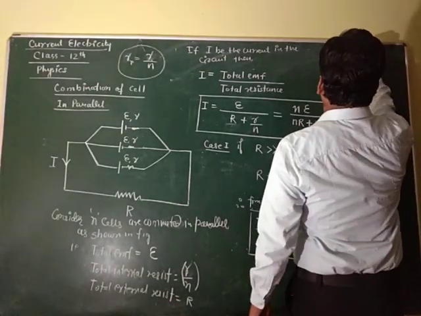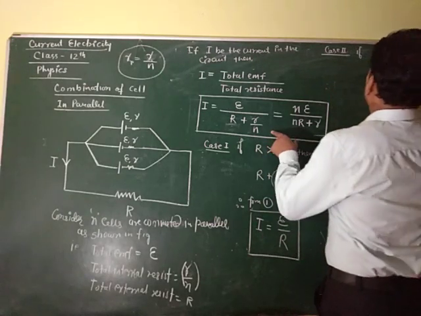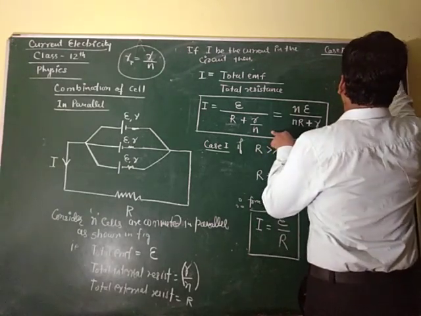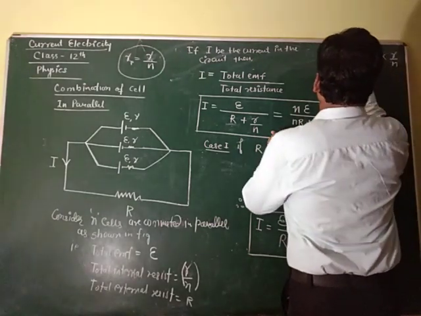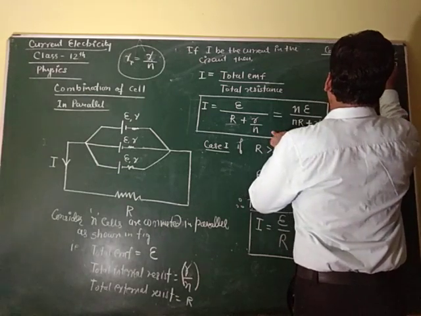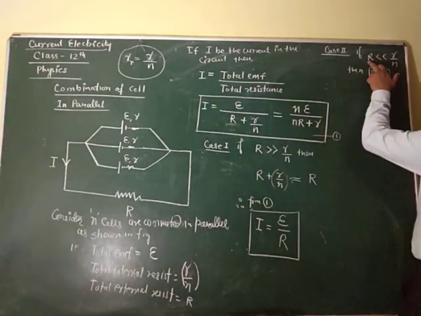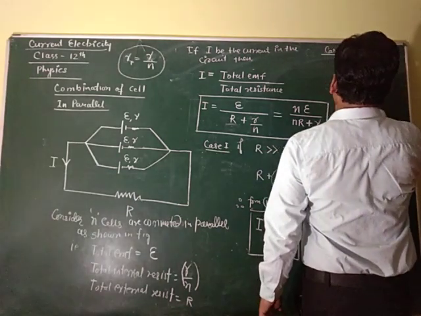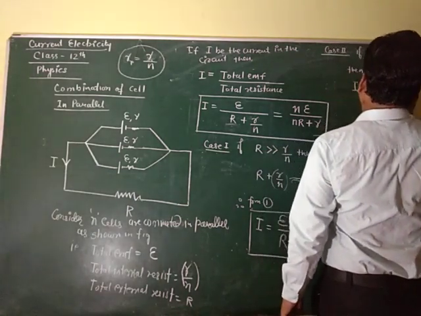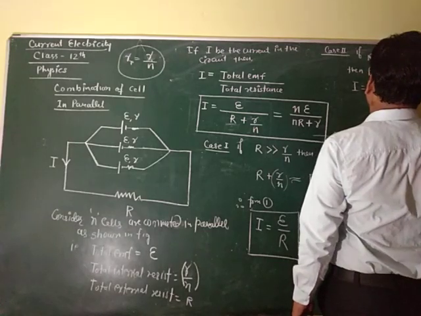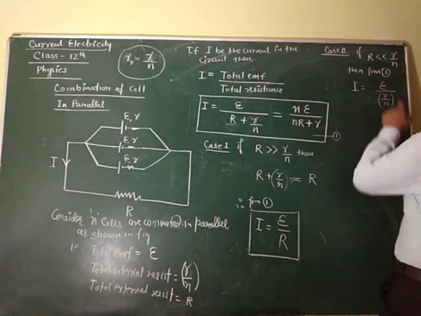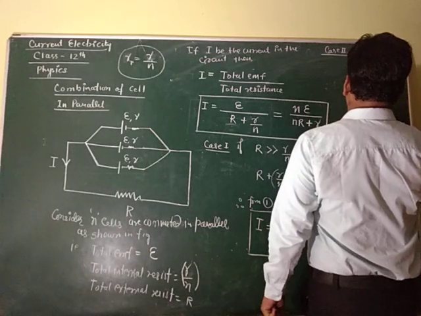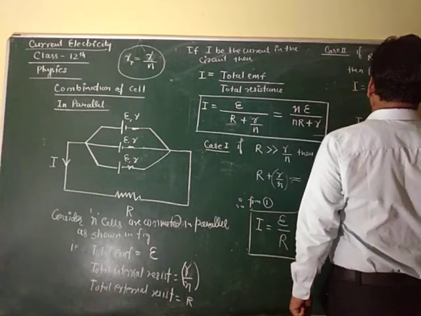If this R is smaller than r by N, then from 1, what can we write? If R is smaller than r by N, then we can write I is equal to EMF by r upon N only. This N will go upside, so it becomes N E by r.